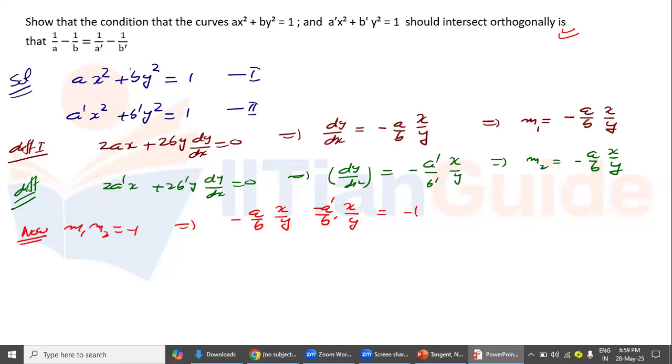Am I right? No problem. So basically I have got the equation a dash x square plus b dash y square to be 0. Am I right or not? Tell me.